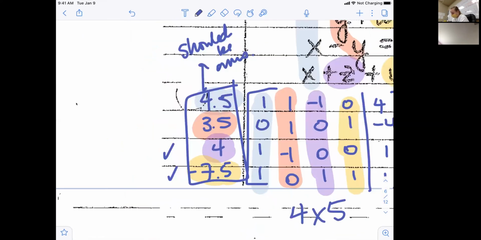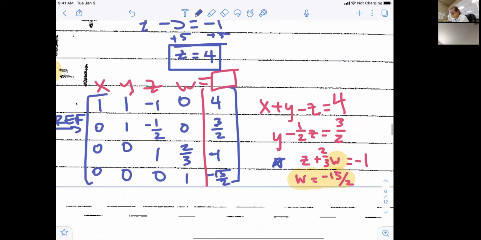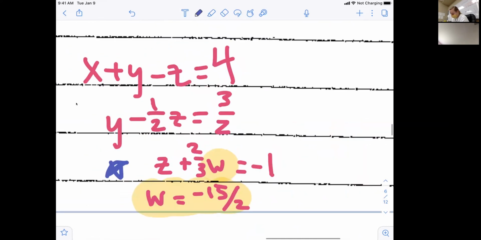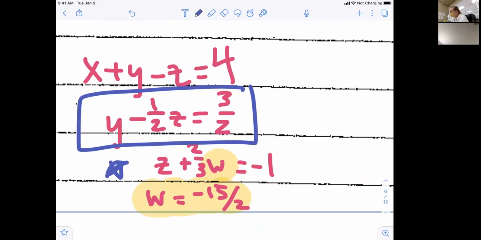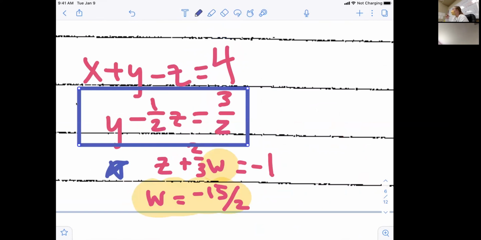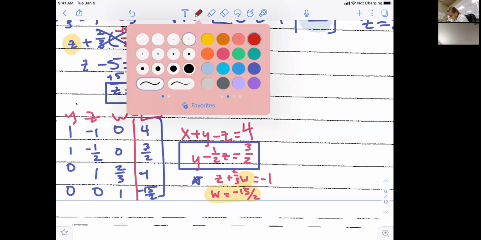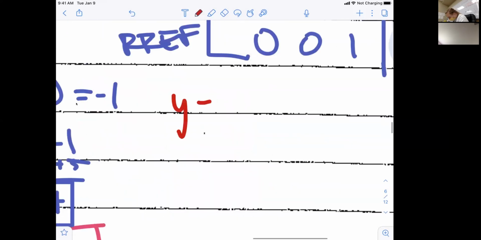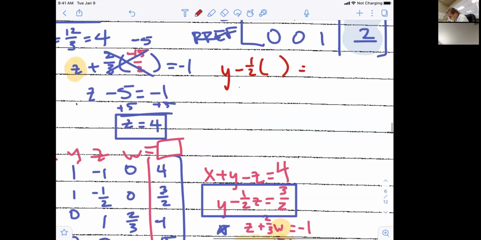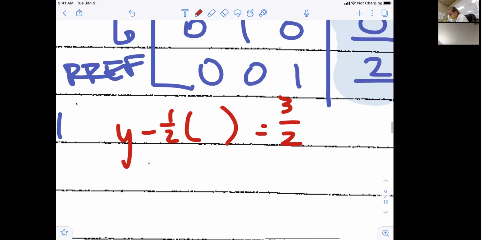Now let's find y. So I have to do my y equation, which is right here. Now I don't have a w in there, but I do have a z in there, and I just found z to equal what? 4. So I'm going to substitute 4 for z. So I've got y minus 1/2 times z equals 3/2. We know z equals 4 because we just found it.